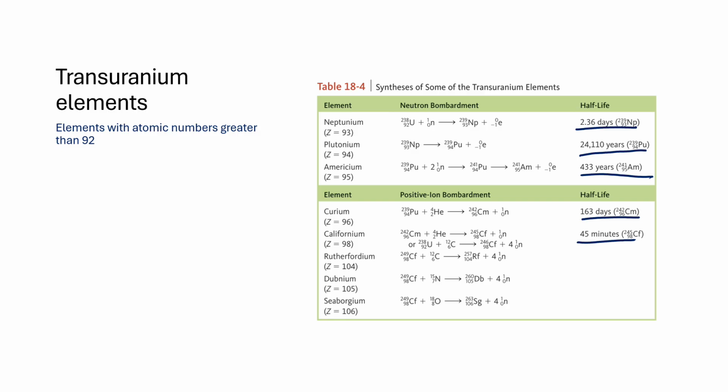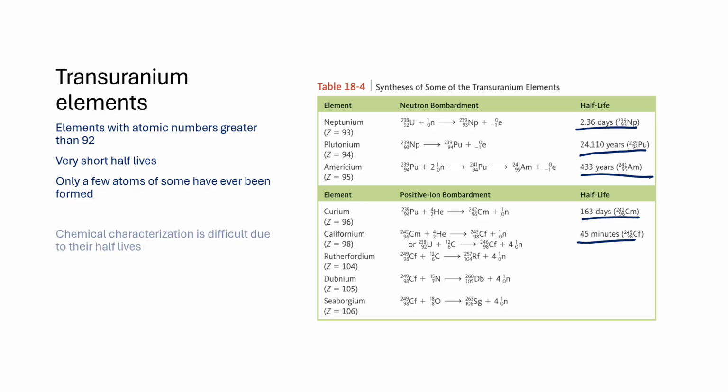One reason why these elements were not discovered earlier is their half-lives. They're gone within less than 2 hours, especially californium. These are elements with atomic numbers greater than 92, with very short half-lives, and only a few atoms of some have ever been formed.